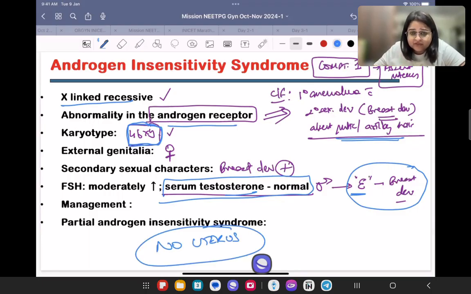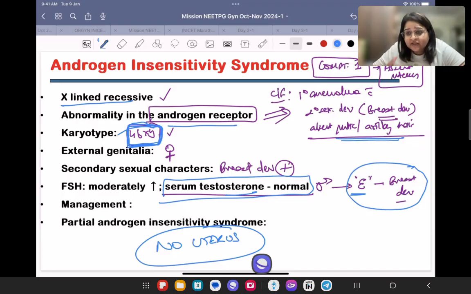So if you get a person who's having secondary sexual characters present, the most important thing you should look for is, do they have a uterus or they don't have a uterus? If they don't have a uterus, then you are left with two possibilities. या तो वो AIS है या MRKH है. ठीक है, how will you differentiate between both? By the karyotype. So karyotype is very important in differentiating between MRKH and androgen insensitivity syndrome.